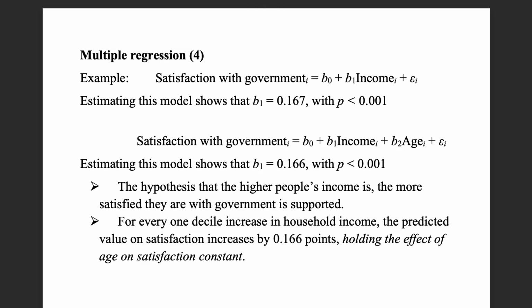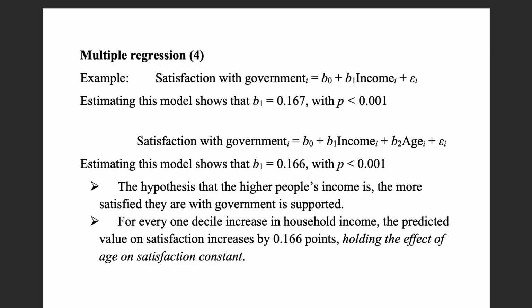So how to interpret this coefficient now? Well, we still interpret them on the scales on which they are measured. So in this case, we could still say, well, for every 1 decile increase in household income, the predicted value on satisfaction with the government increases by 0.166 points. But in this case, holding the effect of age on satisfaction constant.